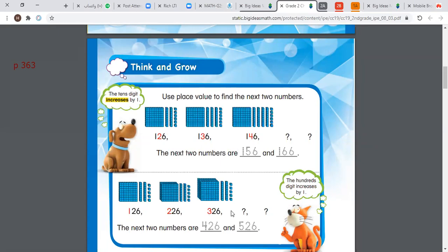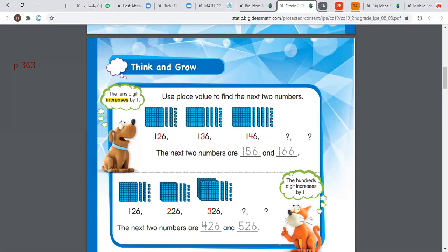So the next one must be 400. 426, like this. 526, 626, 726, and so on. The hundreds digit here increases by 1. 100, 200, 300, 400, 500.